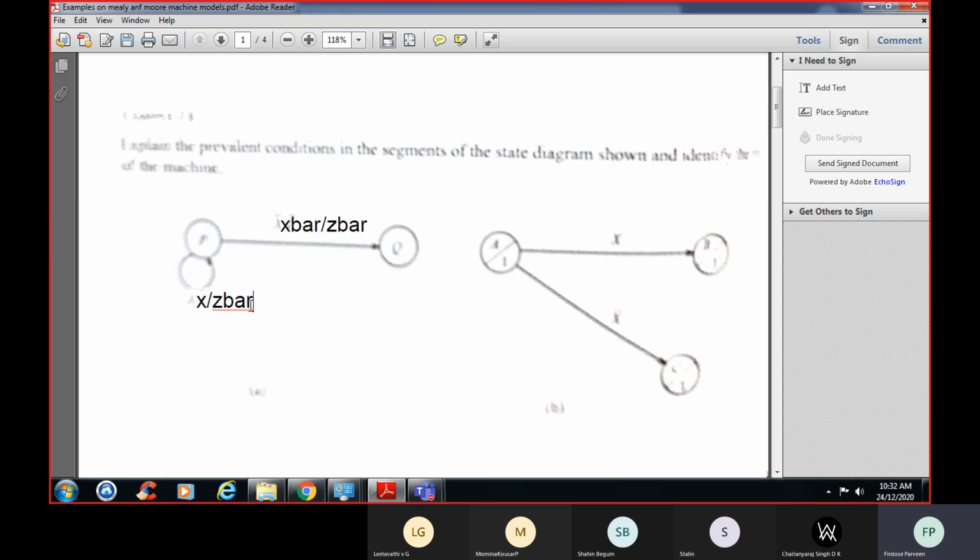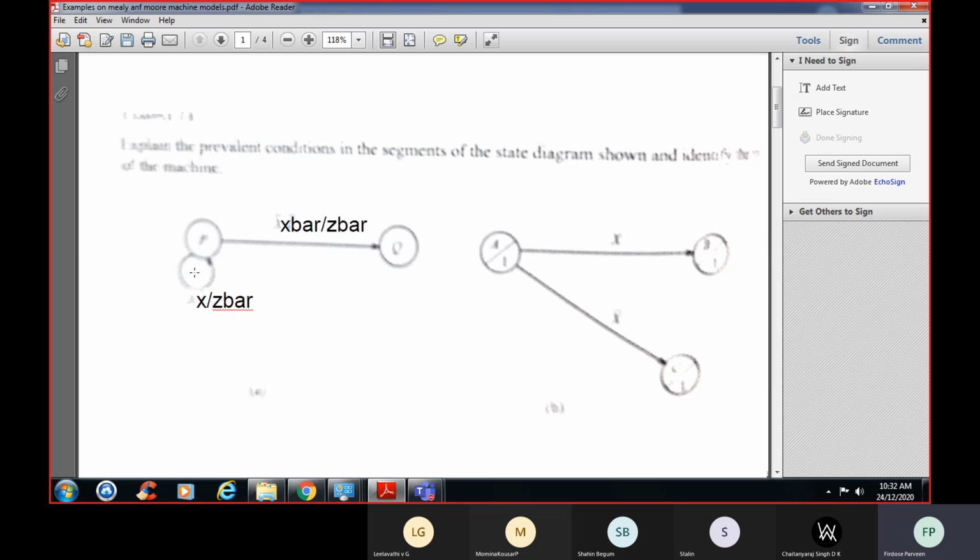Okay. From the diagram itself, you can tell whether it is a Mealy machine or a Moore machine. How? When you see the diagram, compare this diagram and this diagram. Here you will be getting the output within the state itself. So it means it depends only on the state, it does not depend upon the input.